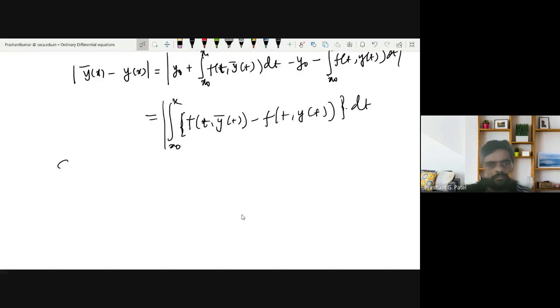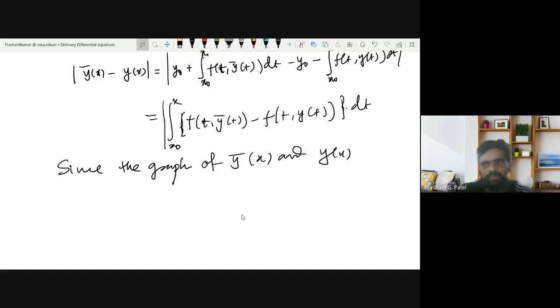Now since the graphs of y bar of x and y of x both lie in R dash, due to equation 8, which tells you about the boundedness, this gives that mod of y bar of x minus y of x is less than or equal to k into h into maximum of y bar of x minus y of x.